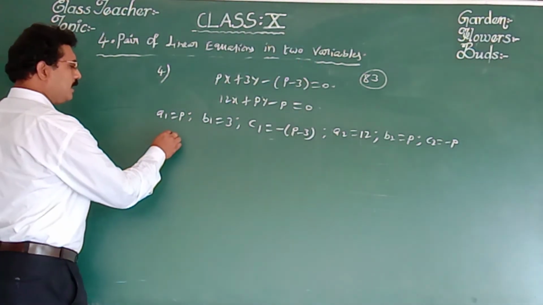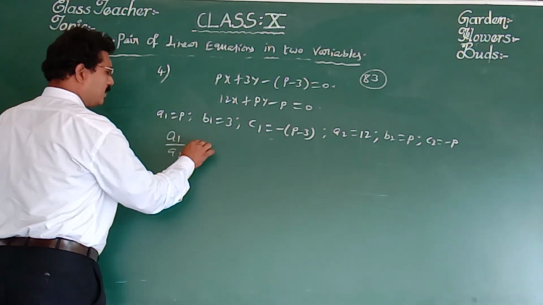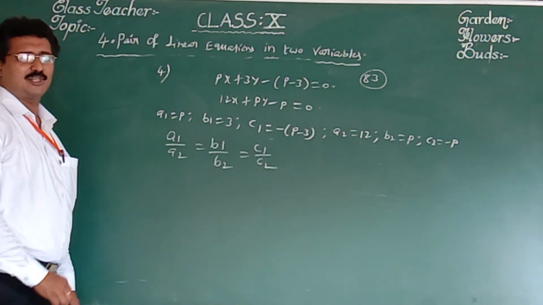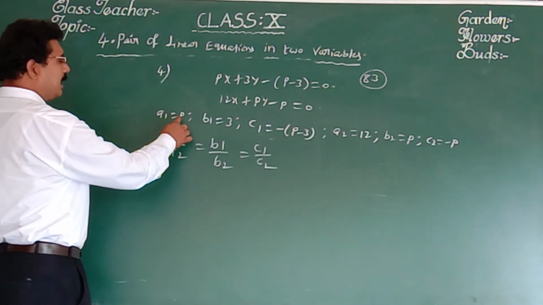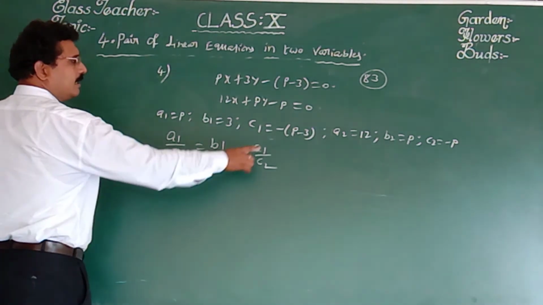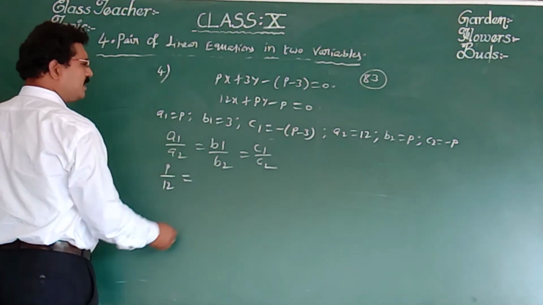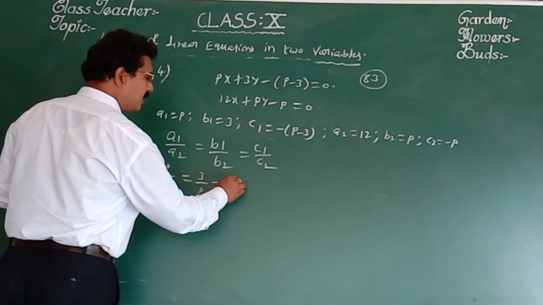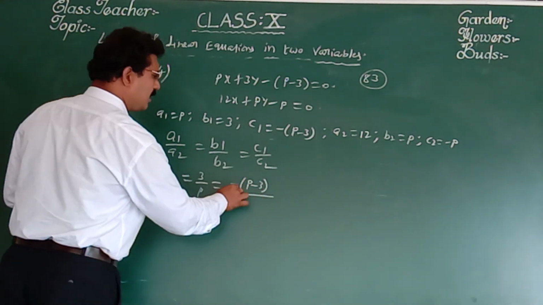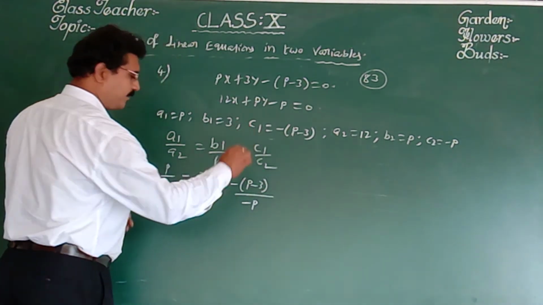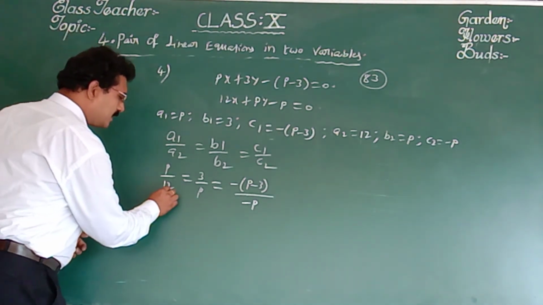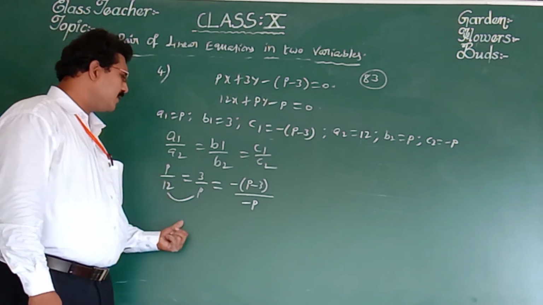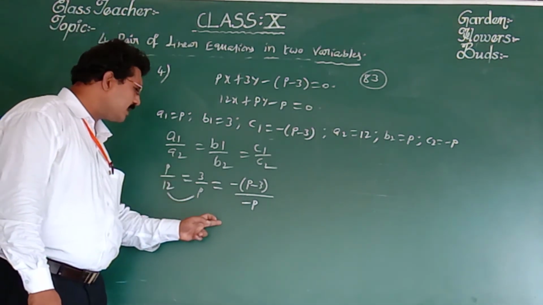Now what is the condition? a1/a2 = b1/b2 = c1/c2. Here a1/a2 is p/12, equal to b1/b2, that is 3/p, equal to c1/c2, that is -(p - 3)/-p. Any two you can take: the first two, or first and last, or second and third.